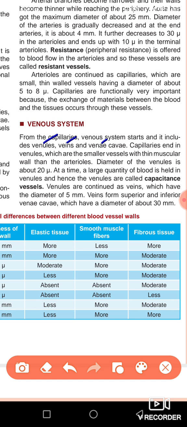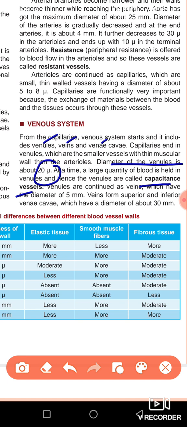Now as you can see, the diameter of venules is about 20 micrometers, and with time a large quantity of blood is held in them, so they are called capacitance vessels. Your arterial system is called resistance vessels, but your venous system and venules are called capacitance vessels, because they have the capacity to keep your blood.